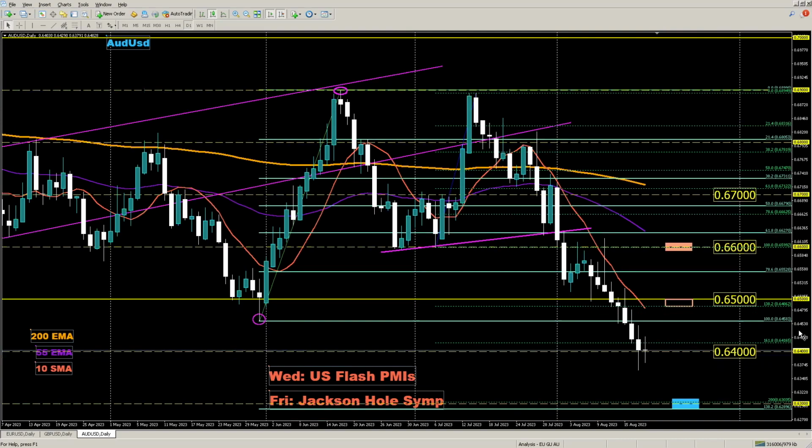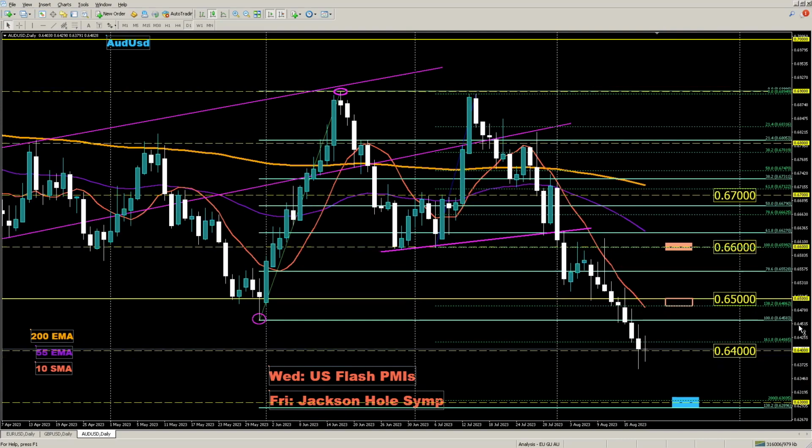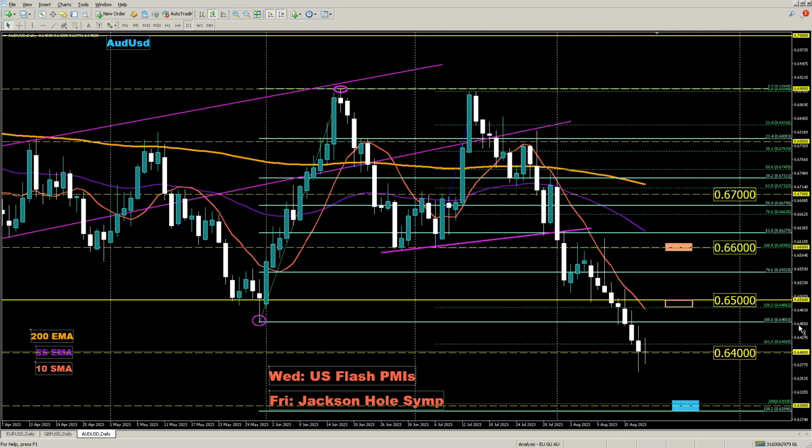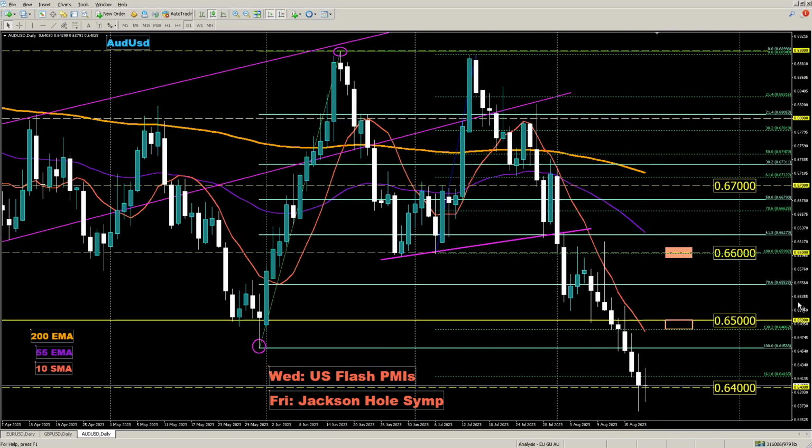Otherwise, if the US dollar continues to strengthen, then it spells further weakness for the Aussie dollar and its related pairs.